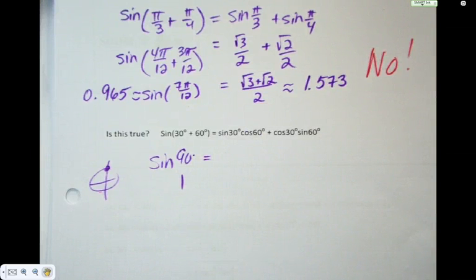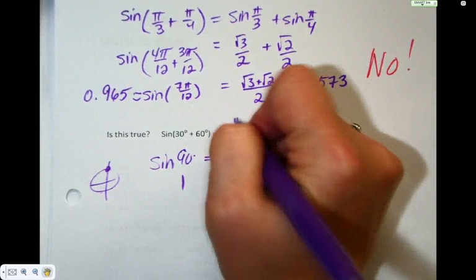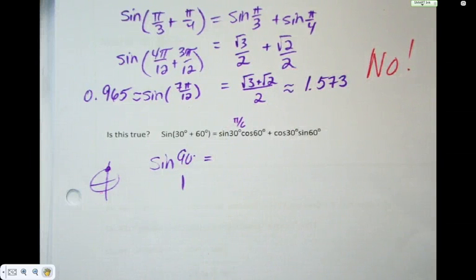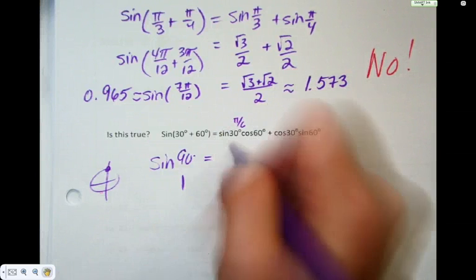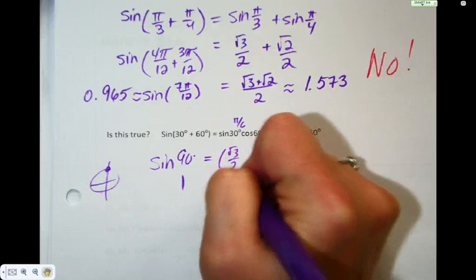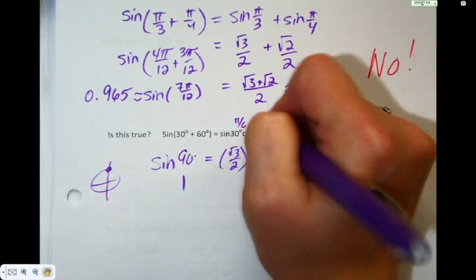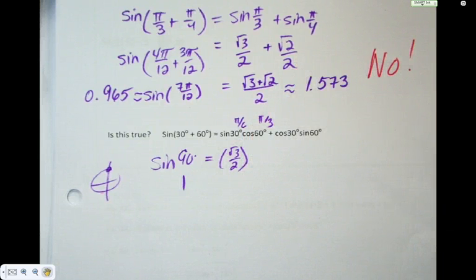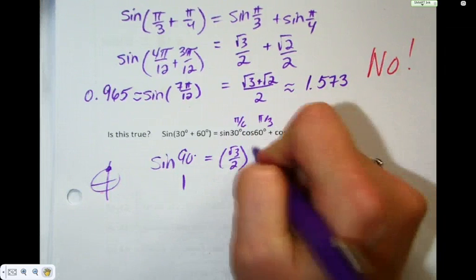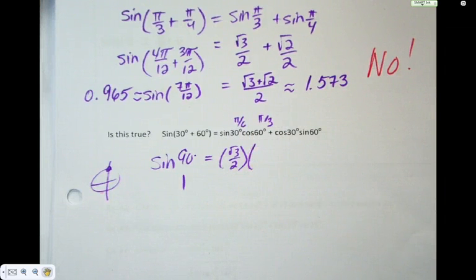Okay, the other side, so sine of 30. Remember 30 is pi on 6. So what is the sine of pi on 6? Root 3 over 2. Okay, cos of 60 is pi on 3. So cos of pi on 3, 1/2.